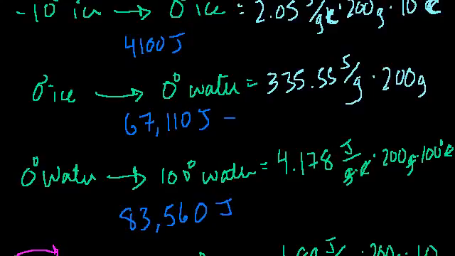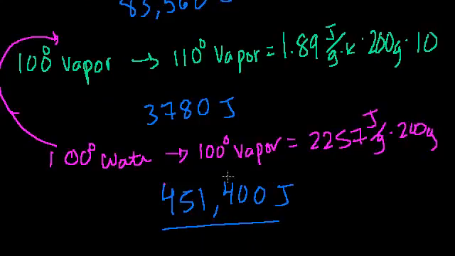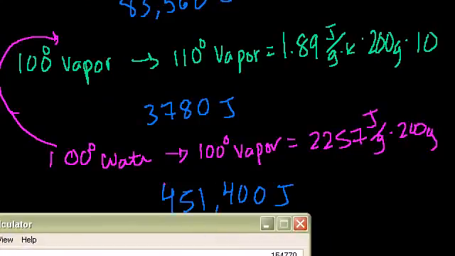That's to go from 0-degree water to 100-degree water, plus 83,560. So we're at 154,000 right now, just to get to 100-degree water. And then we need to turn that 100-degree water into 100-degree vapor. So you add the 451,000. So plus 451,400 is equal to 606.